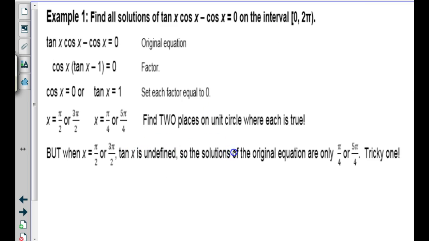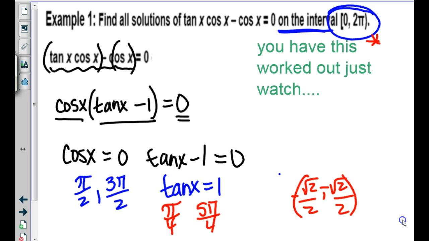Oh, they said this is a trick question. The reason it's a trick question is we came up with these 4 solutions, but we should be checking them. If we put back in our original equation, okay, pi over 4.